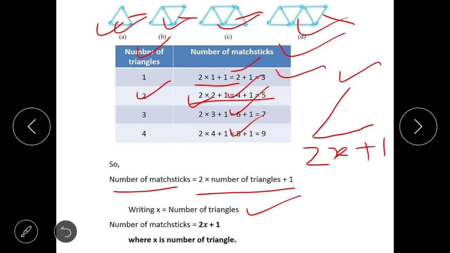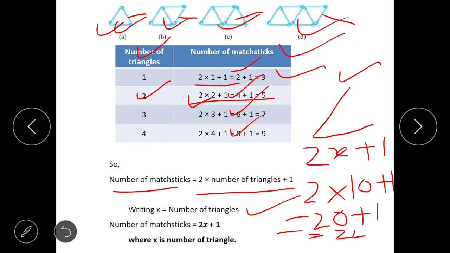Now x here is 10, that is 2 multiplied by 10 plus 1, that equals 20 plus 1, that is equal to 22. Sorry, that is 21. That is 21 mastics I require for the 10th pattern. So you can find the number of mastics required for any given pattern using this rule. This is how we use variables.